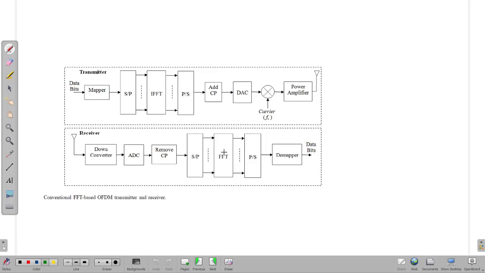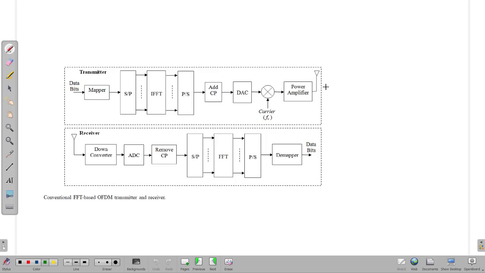After performing FFT, we get the frequency domain signals back, the modulated symbols, and then we have to do the demodulation. In order to get back the signals, a demodulation has to be performed, and we get the data bits at the output of the receiver. So this is the basic block diagram of FFT based OFDM transmitter and receiver.